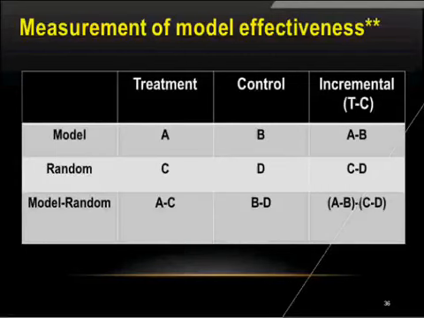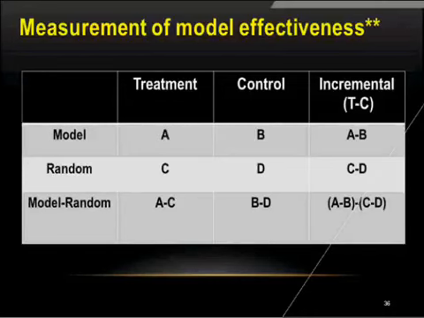But that does not answer the question of whether the treatment actually worked. In order to find out if the treatment actually worked, the difference between A and B and C and D should also be significant. That means not only identifying customers that would have bought something with or without our message. That means we are targeting customers that would not have bought something if not for our message, if not for our campaign.